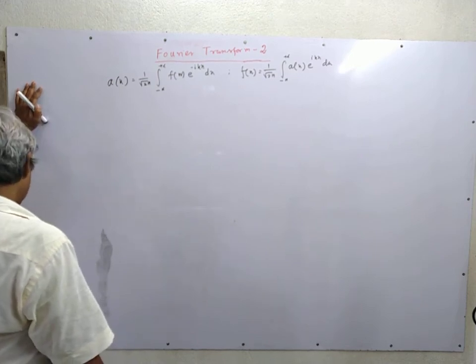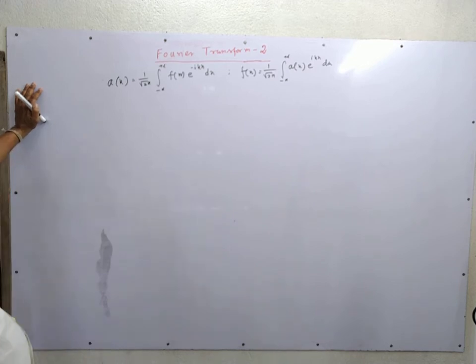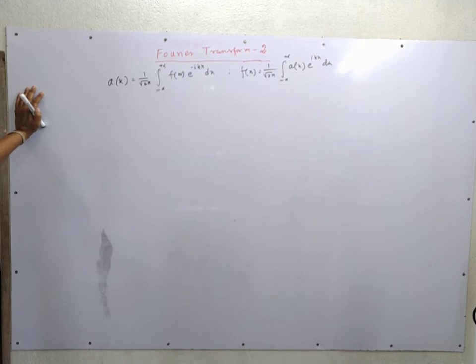And in the form of complex Fourier series, we have seen that when the function is even, then Fourier coefficients cn's are pure real numbers, and when the function is odd, cn's are purely imaginary.